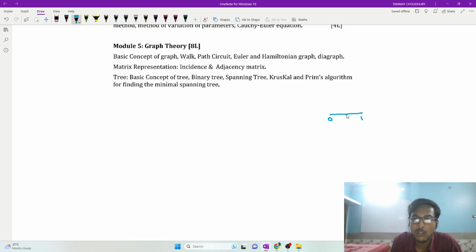Now, what will be its midpoint? Yes, of course, it will be half. Similarly, if we draw twice the length of this unit distance, then the end point will be 2. Its midpoint will be 1.5, that is 3 by 2, and so on.